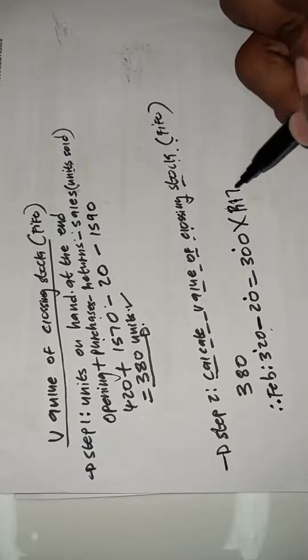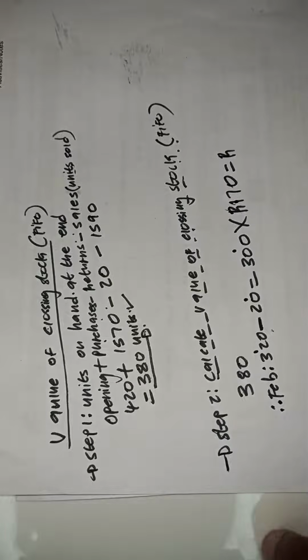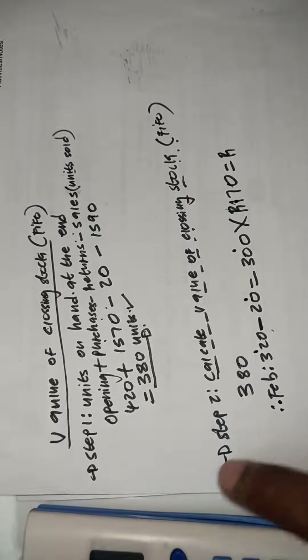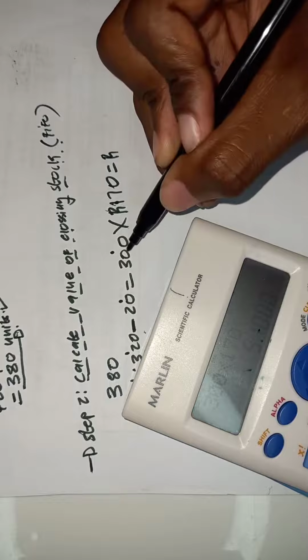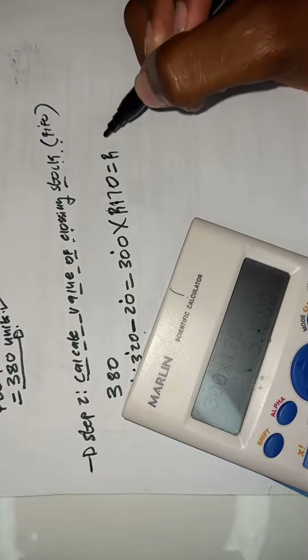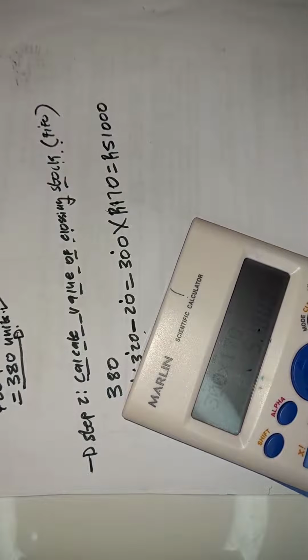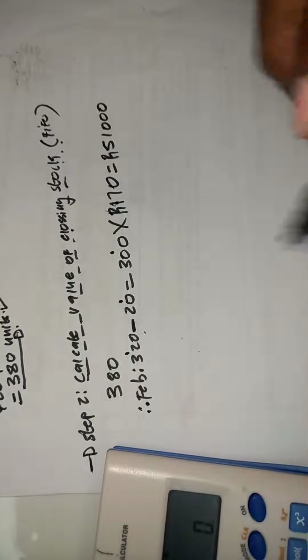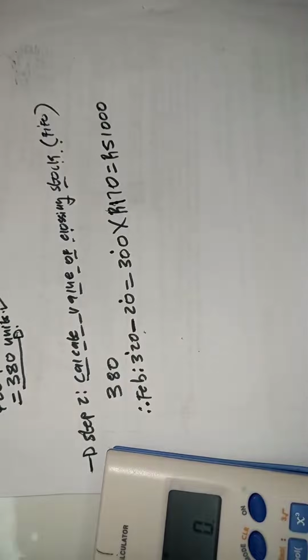How much do we get? Step 2, 300 times 170. The value of those 300 units is actually 51,000 rands.